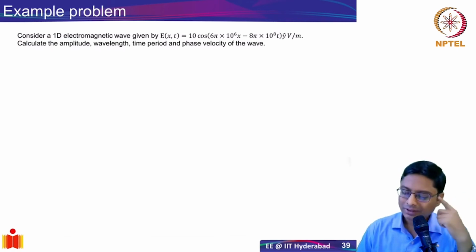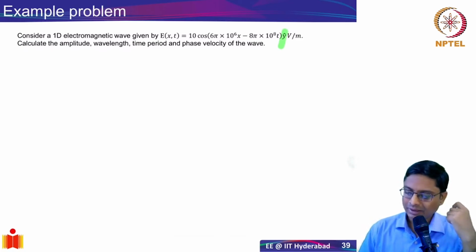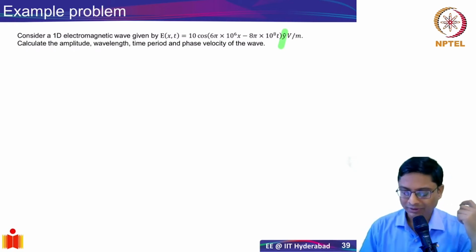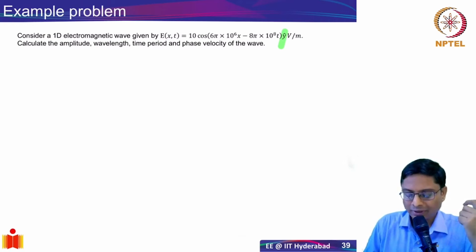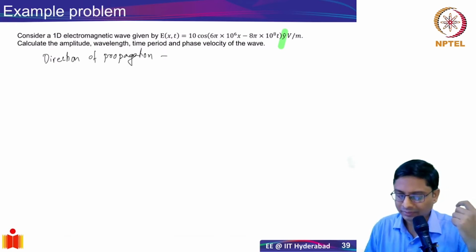The first thing I want you to notice is that the electric field is now not just a scalar, it is a vector with a direction, here y cap. When you look at this expression, the first thing to consider is the direction of propagation. What is it in this case?